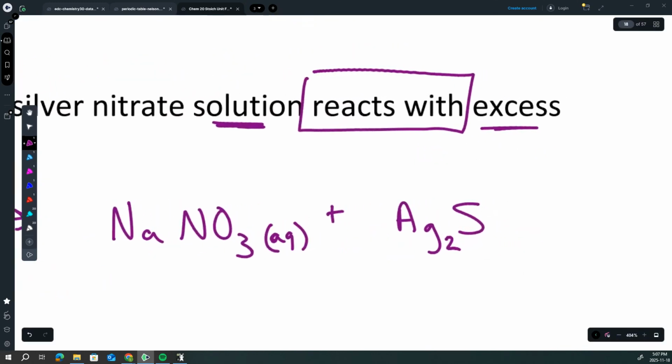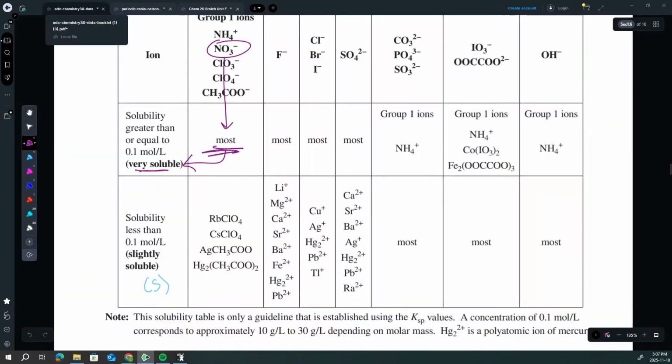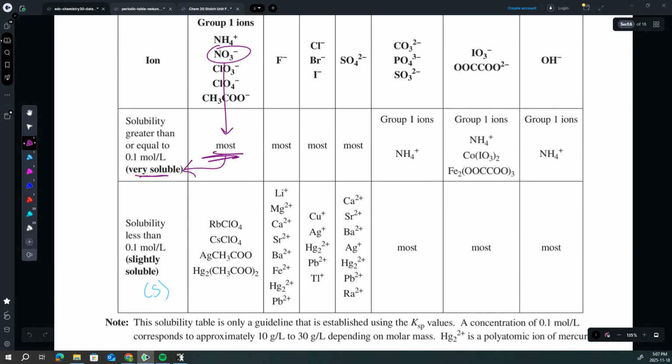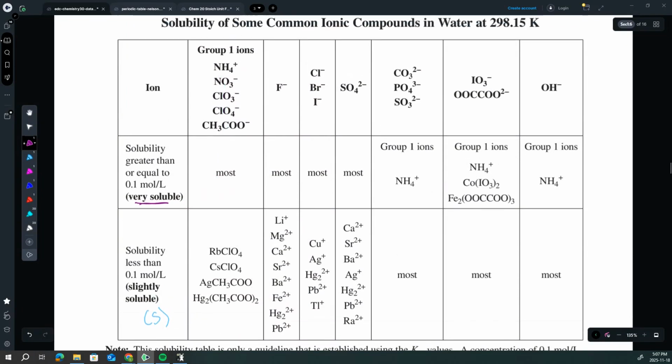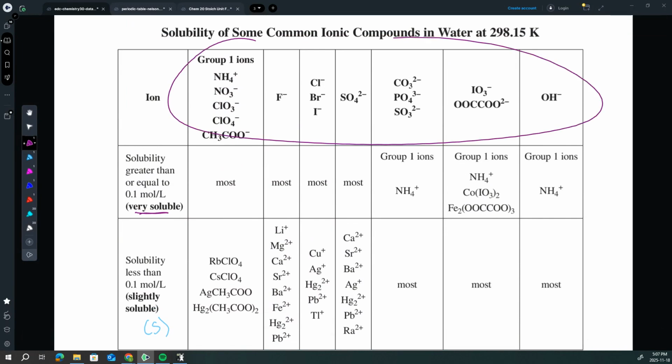And we're going to do the same process here for silver sulfide. Oh, let's clean this up a little bit. So if we look along the top and we're looking for our sulfide ions, we're not going to find them.